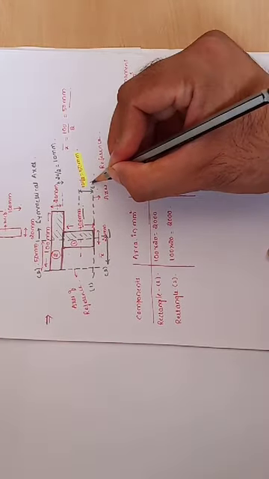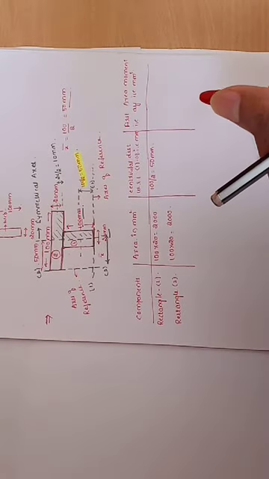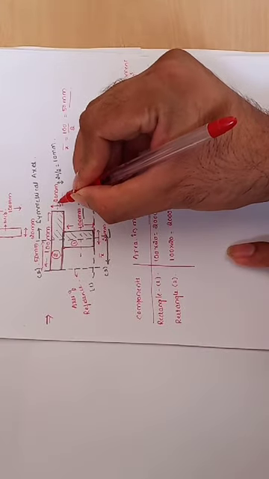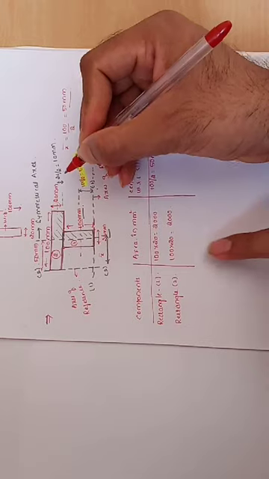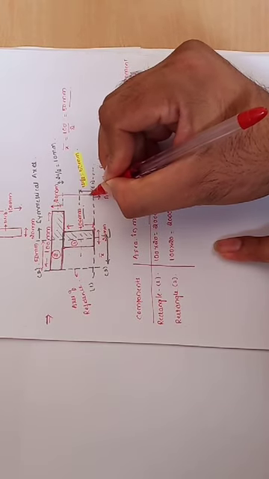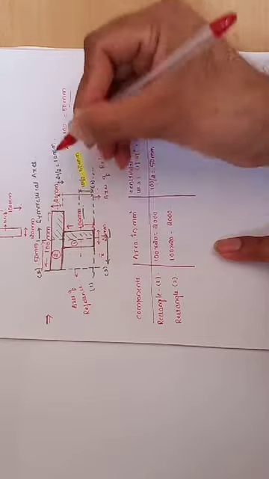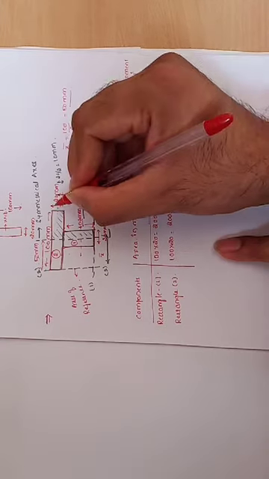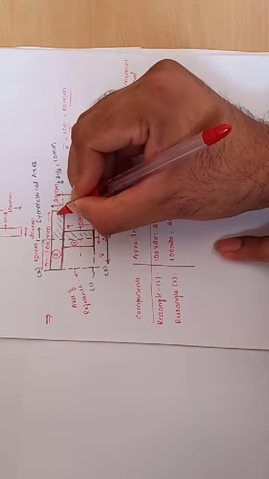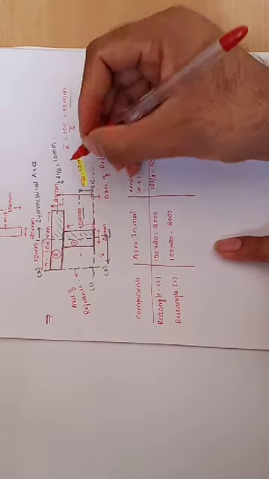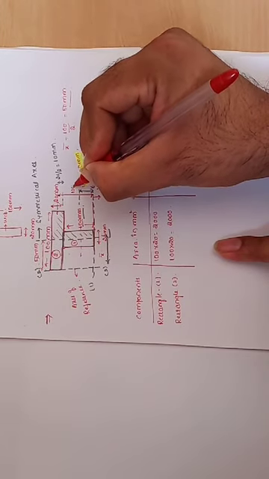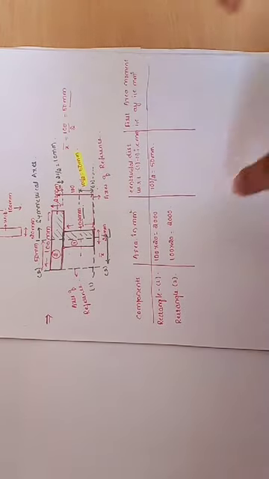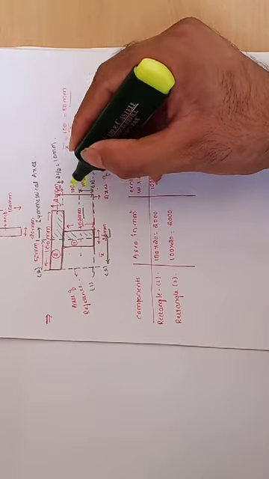I am calculating with reference to 1 1, so the total distance up to the CG of the second rectangle, because this is my axis of reference, will be 100 plus 10.